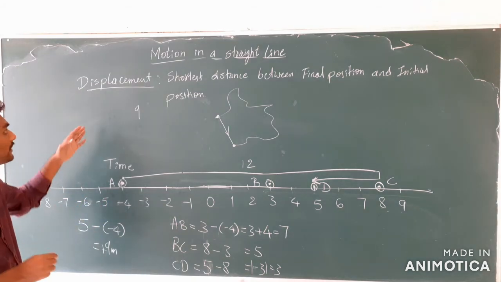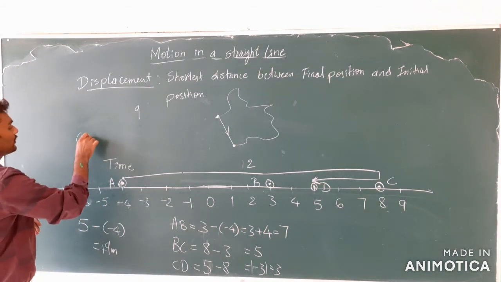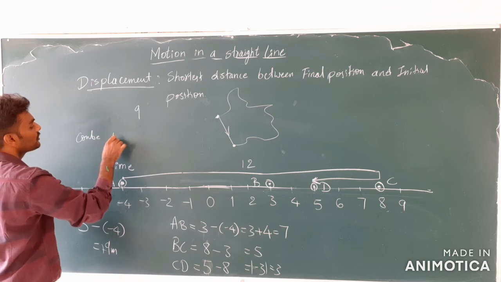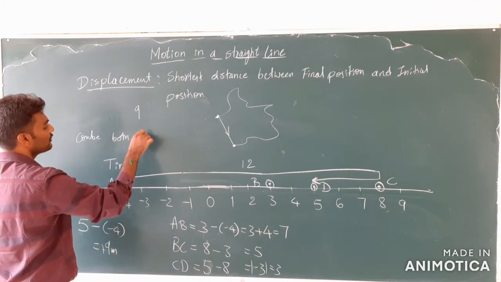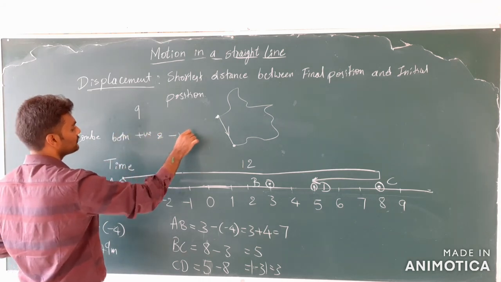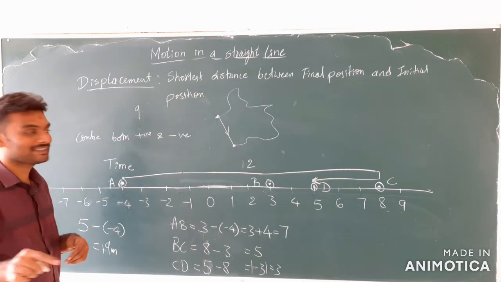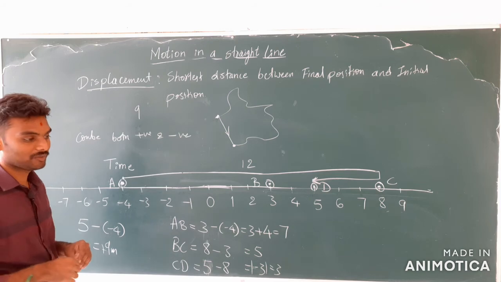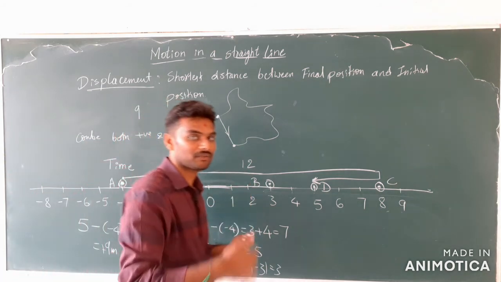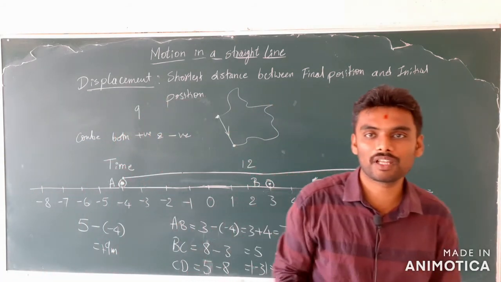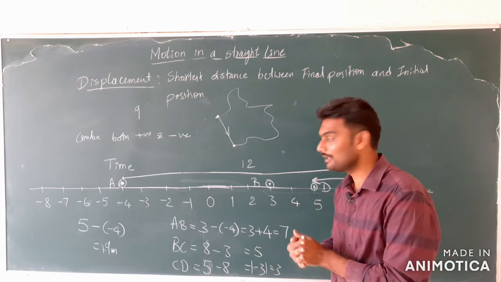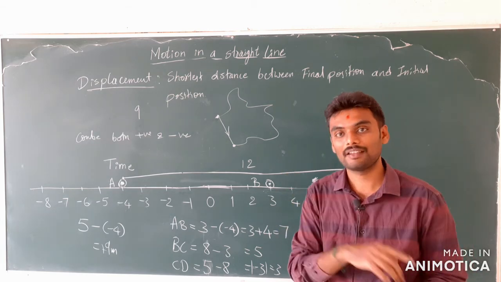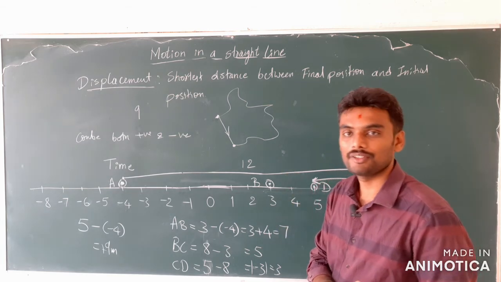Keep this in mind, displacement can be both positive and negative, but distance is always positive. Distance can never be negative because it is always the magnitude that we are bothered about and it has no direction, and here the negative sign has a significance.